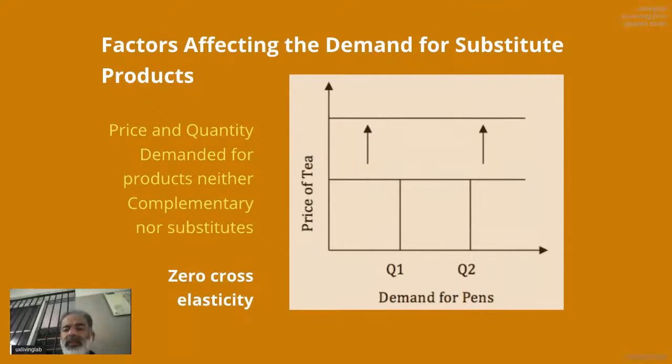It means two goods that are neither complementary nor substitute and are independent of each other show zero cross elasticity. The change in the price of one product does not affect the other product, and its pricing remains constant.